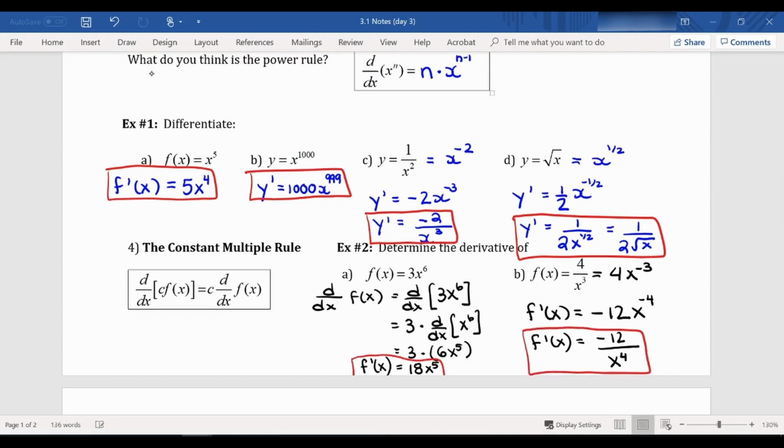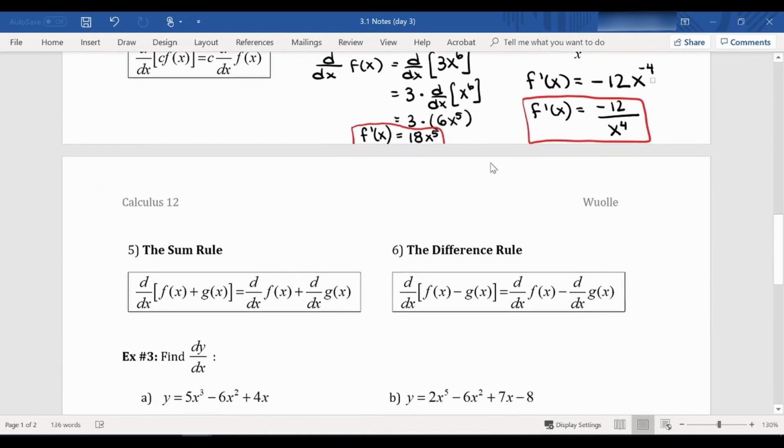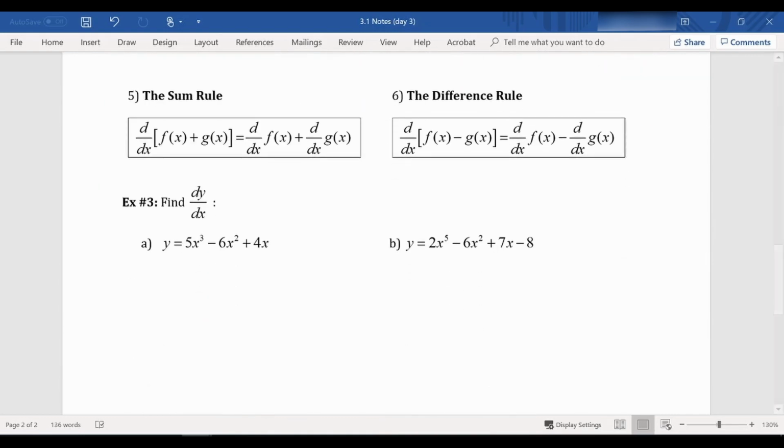Now, all of these rules put together are going to help us find the derivatives of polynomials. So the sum and difference rules simply say that if you have multiple terms being added together, you can find the derivative of each of those terms and add them together. Okay.